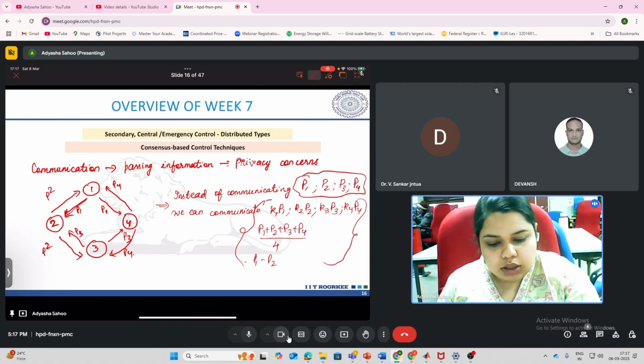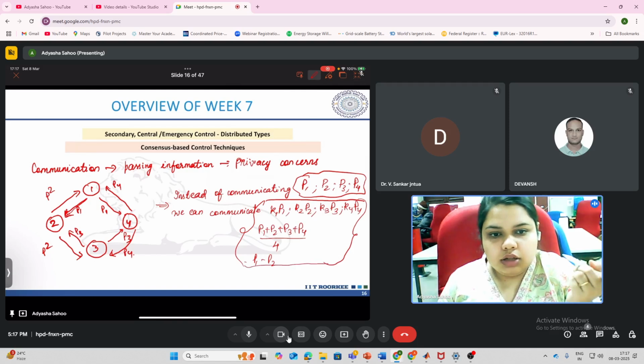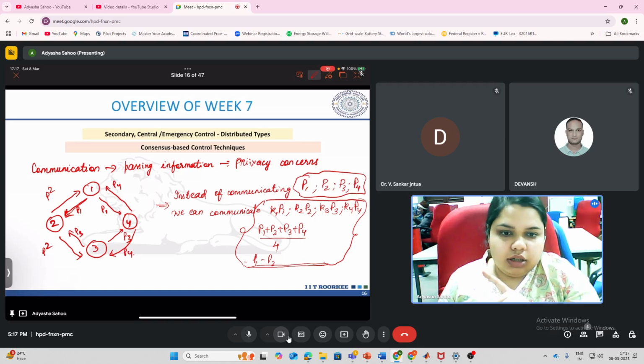But by manipulating this information, the care that you need to take is that with this information, the secondary control should be able to reach the global targets. Otherwise, there is no point of privacy if you are not able to meet the global target. So instead of communicating P1, P2, P3, P4, you can communicate any masked data.